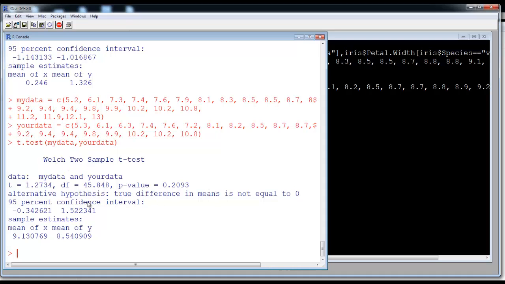You cannot say much about it because your confidence interval contains 0. So this confidence interval contains 0 and your p-value is not very high. P-value is still low, although you have accepted it because it is greater than 0.05, and therefore you have accepted the hypothesis, but it is still pretty low. It is just 0.2. So you can see the dichotomy here.